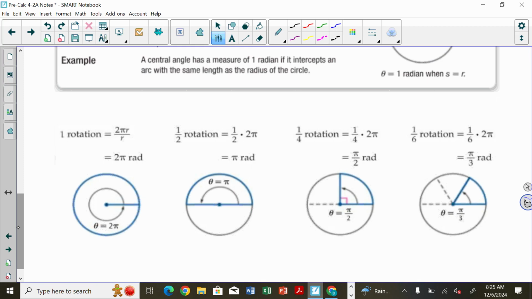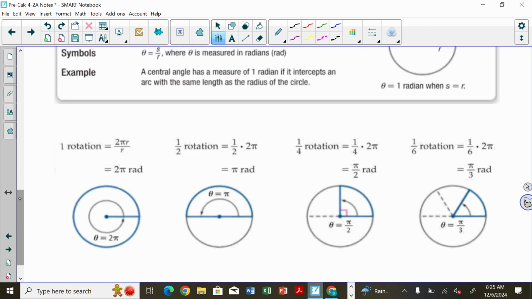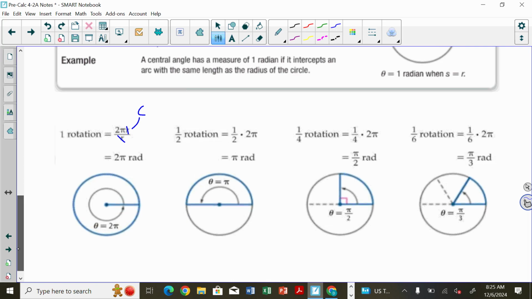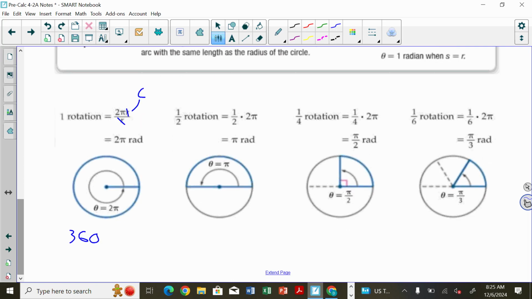If we look at this example down here, one rotation we know is the circumference, 2 pi r. This is circumference, 2 pi r divided by the radius would be one full rotation. So these r's are going to cancel out, and we could say that 360 degrees is equal to 2 pi radians.